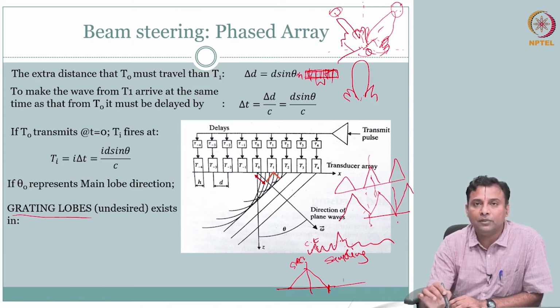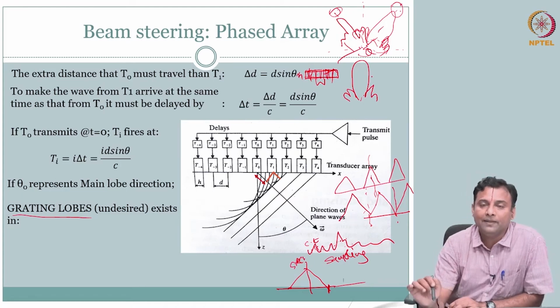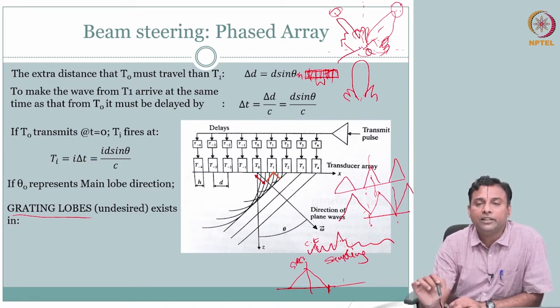So I have made it from one continuous piece of crystal to multiple discrete crystals, each located at some spatial location. So what would you expect?